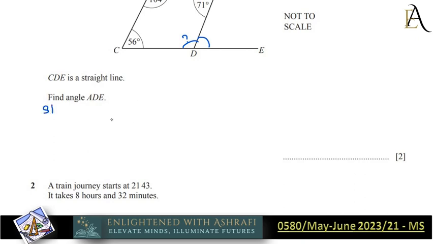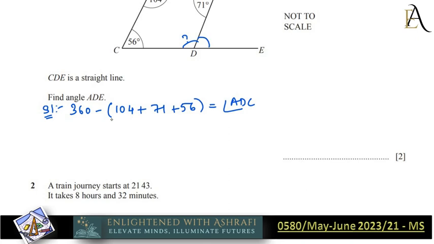Our step 1 is going to be 360 minus 104 plus 71 plus 56, which will give me angle ADC.